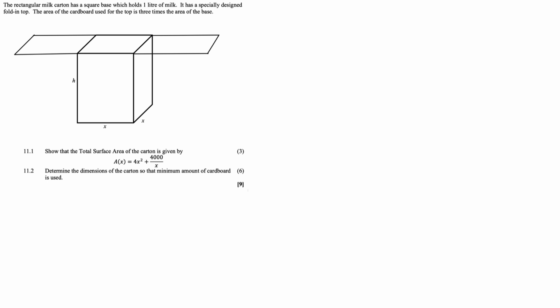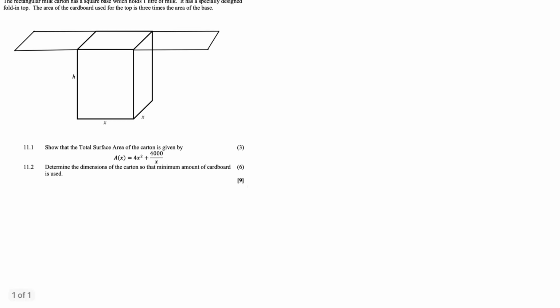So first thing I want to do is work out the surface area. So I'm going to do 11.1. Let's do the surface area. I'm going to work out the area of the bottom. If I draw out the bottom here, the area of this is going to be x times x, which is x².